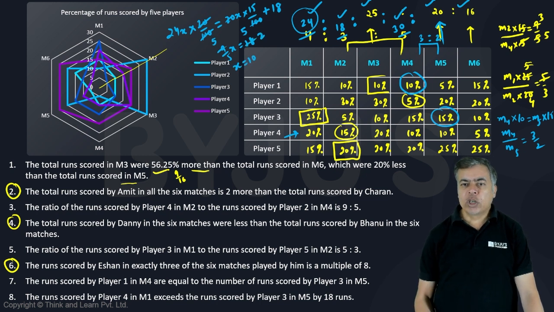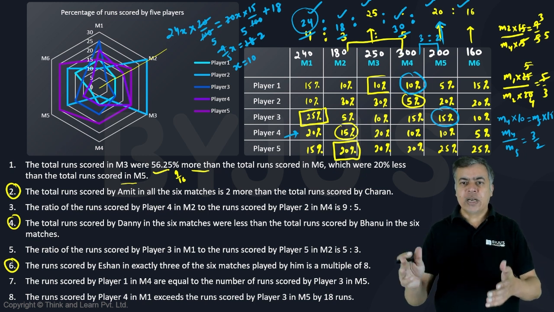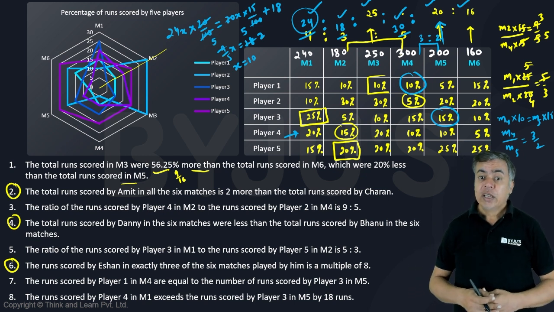That means total of all I have already got. Total of all is here, it is 24, x is 10. So the total is 240, total is 180, total is 250, total is 300, total is 200, right? Because I have taken x, 24x, 18x, 25x and 30x and so on, and x is 10.